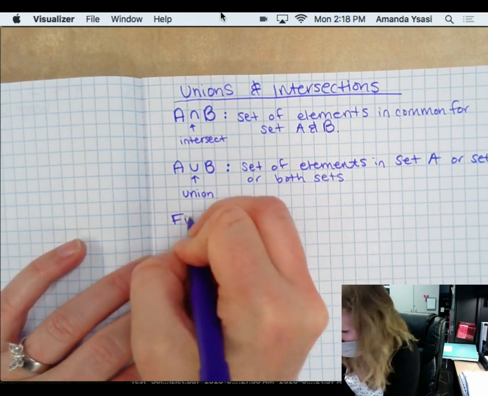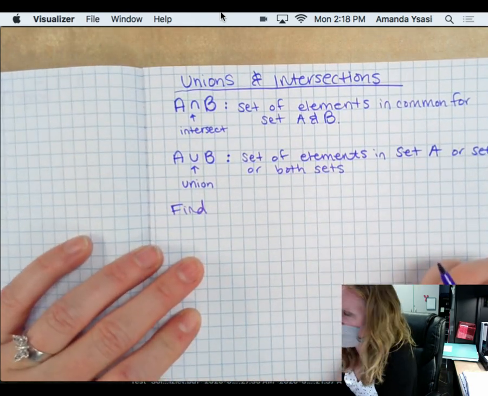So we are going to talk about how to find intersections and unions with two intervals.